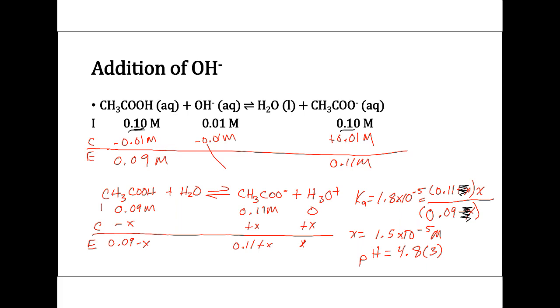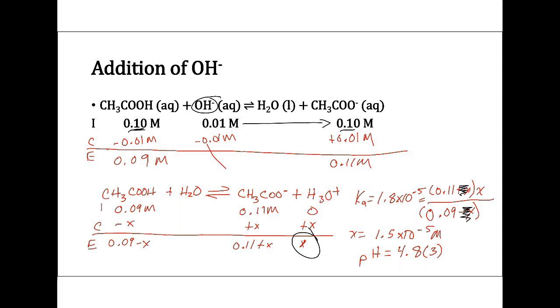So this is an example of the common ion effect. Whenever we add hydroxide, that's going to favor the base. Okay, so this is the base, so it's going to end up favoring going towards the acetate ion there. So since it's favoring the acetate, whenever we start to plug in down here using our Ka, we'll see that our hydronium concentration is going to drop.